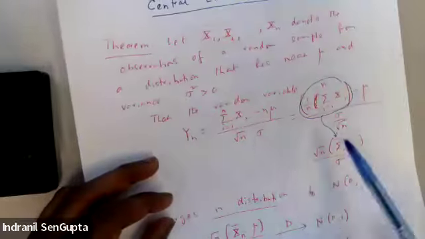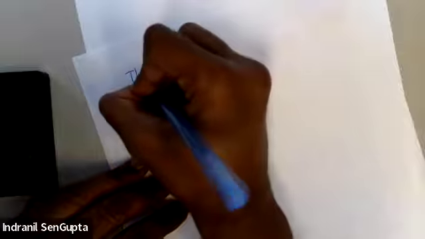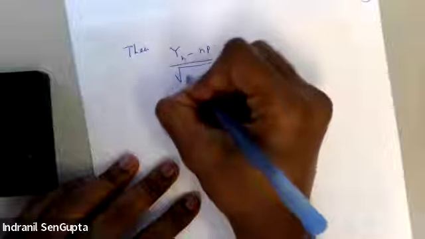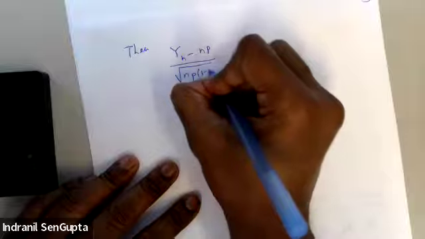So if I use that here, and compare it with whatever we had before, we have yn minus np, which is the expected value of yn, over the square root of the variance, which is n times p times 1 minus p.